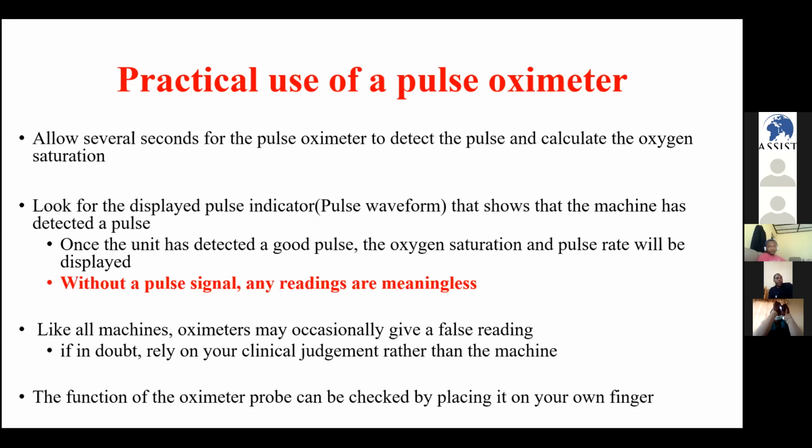So you can't confirm that the saturation reading you are seeing on the monitor is accurate, as long as the pulse signal is not there. Like all machines or electronic devices, oximeters can occasionally give false readings, and you have to use your judgment. If you suspect a malfunction of the pulse oximeter, you can test it on your own finger.